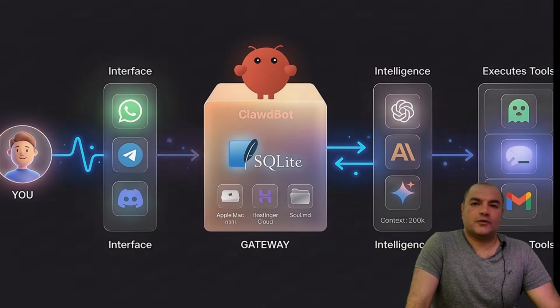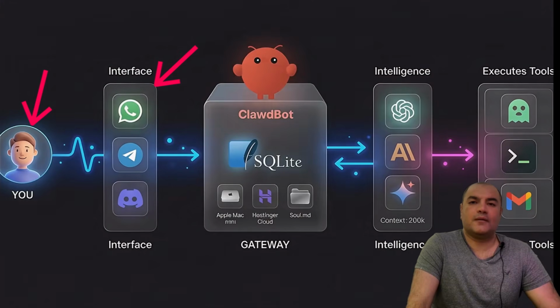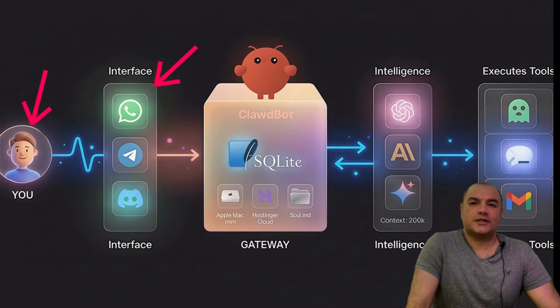Alright, quick refresher on how OpenClaw actually works, because understanding the architecture helps you understand where things can go wrong. Here's the flow. You send a message from your phone through Telegram, WhatsApp, Discord, whatever you've connected. That message hits the gateway. This is the heart of OpenClaw.